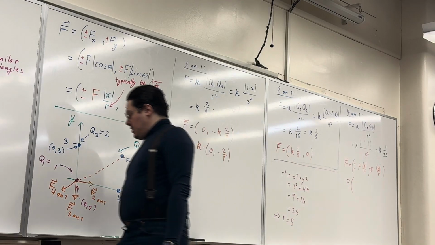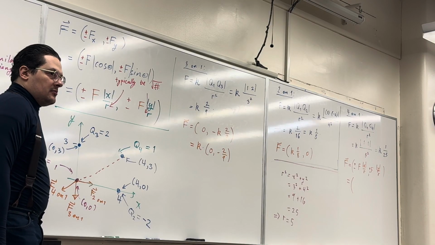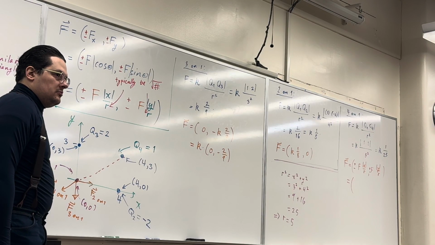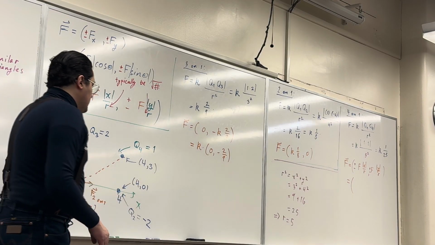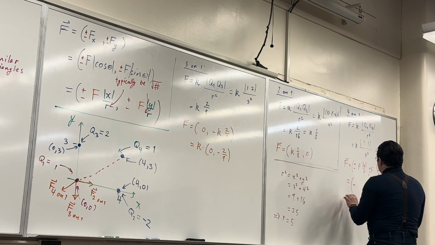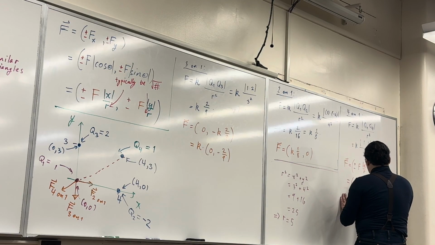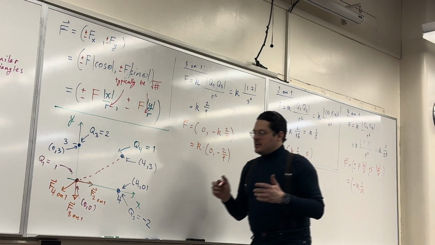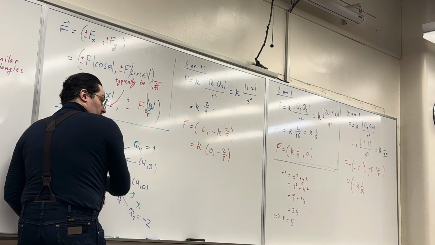Is the x component of this vector pointing in the positive or the negative x direction? Negative. So we want to put in a negative, then k 1 over 25 times the absolute value of the separation, because strictly speaking, this part here is actually not 4, it's negative 4.